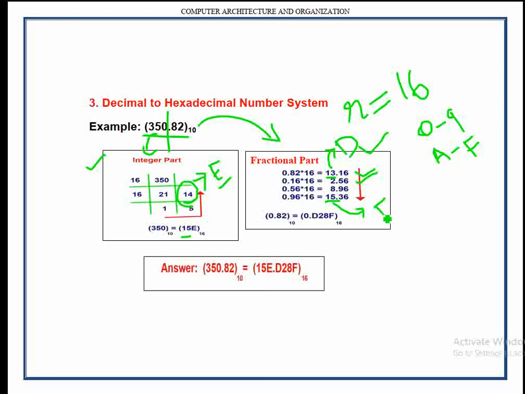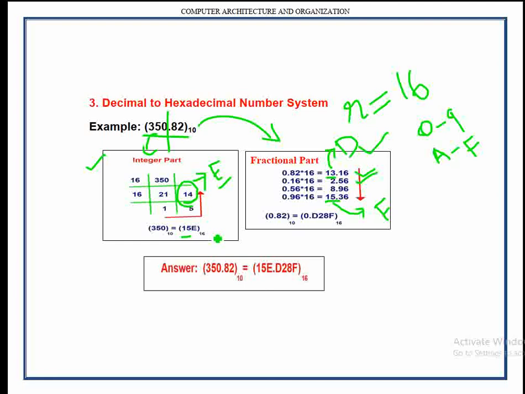F. These 2 and 8 can be taken as they are because they are already available in the set of values defined for the hexadecimal number system. So now 13 is converted into D and 15 is converted into F. Now D, 2, 8, F, all 4 digits are defined for the hexadecimal number system. Now we can accumulate these 4 digits to find the hexadecimal value for the fractional part of the given decimal number.